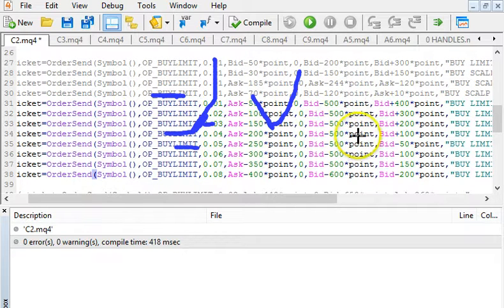Now, you could make this a soft stop where, and of course this is just because if you normally trade, the whole point of this script is if you normally trade a standard lot, why aren't you just trading 1Ks all the way down?